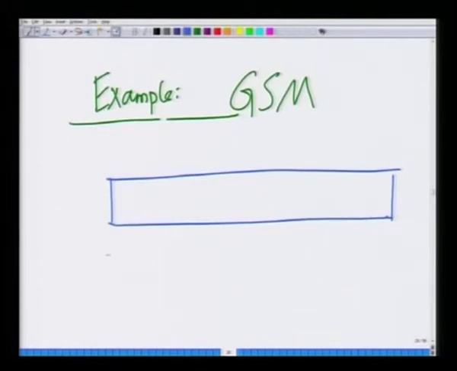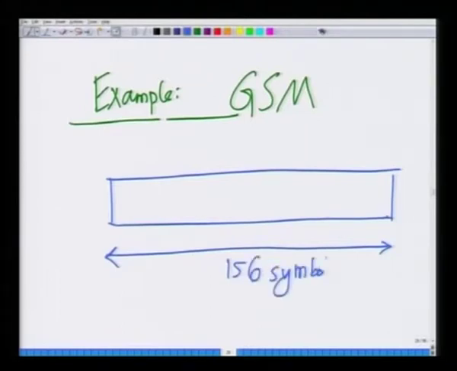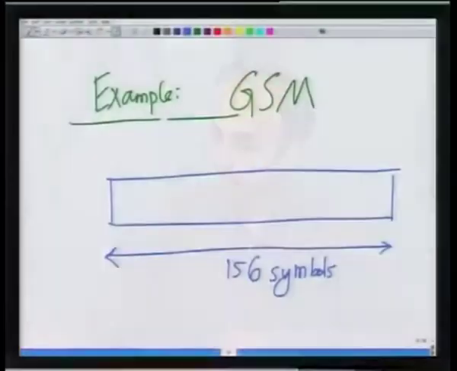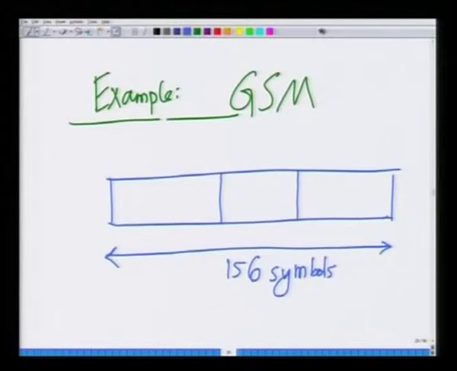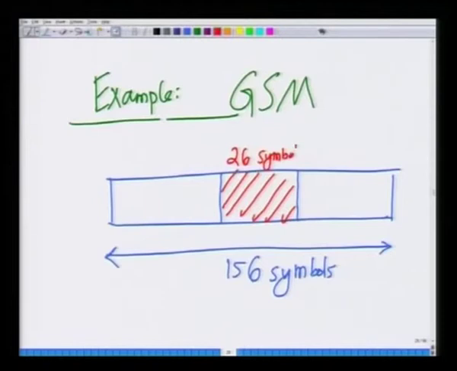Every slot consists of 156 symbols, out of which 26 symbols constitute the training symbols.